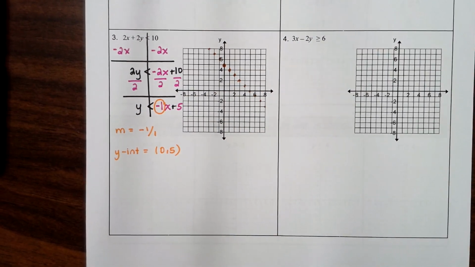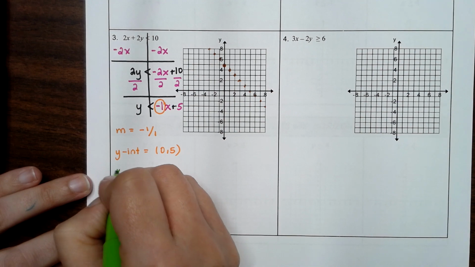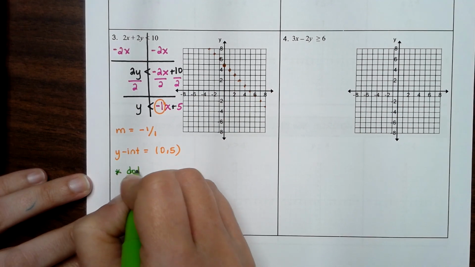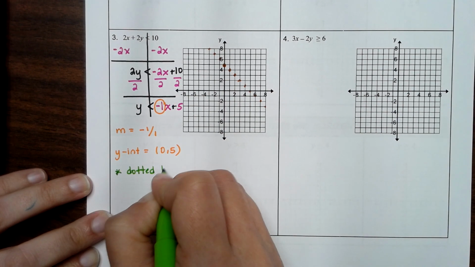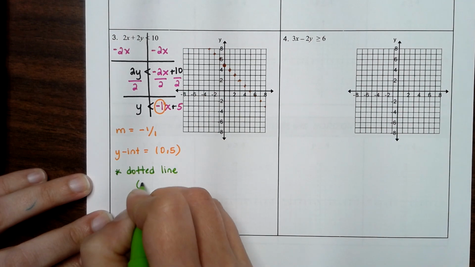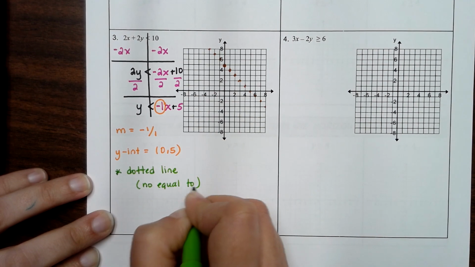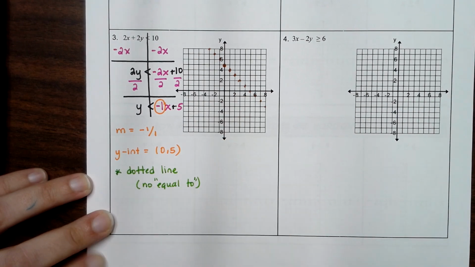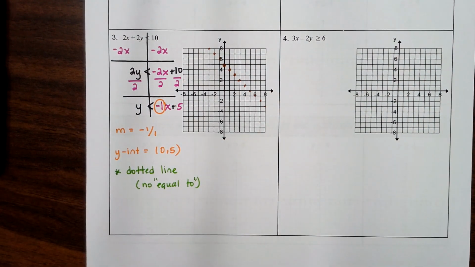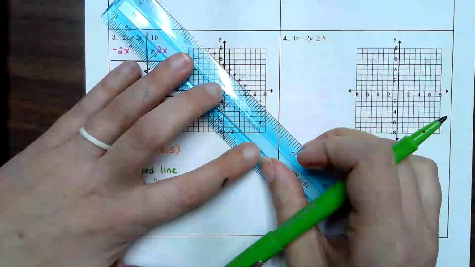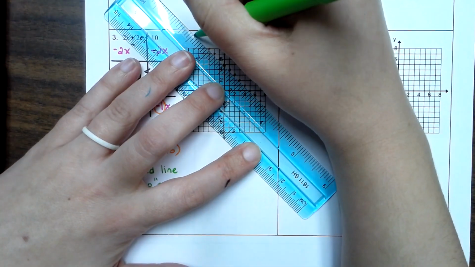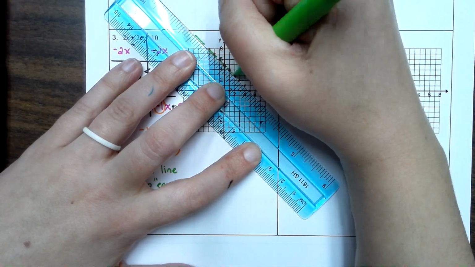Now I'm going to decide between making a solid line or a dotted line. I'm going to choose a dotted line because there's no equal to for the symbol. So I'm going to line up my straight edge and just make a dotted line through these points.